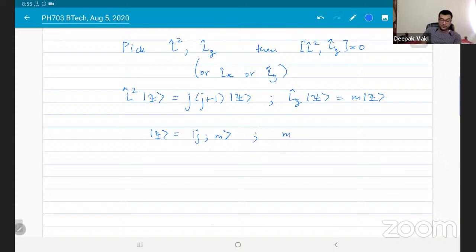What we will see later on is that the allowed values of M go from minus J, minus J plus 1, up to J minus 1, J. And J is equal to 0, 1/2, 1, 3/2, 2, and so on.